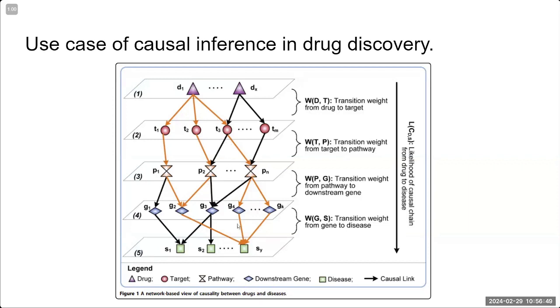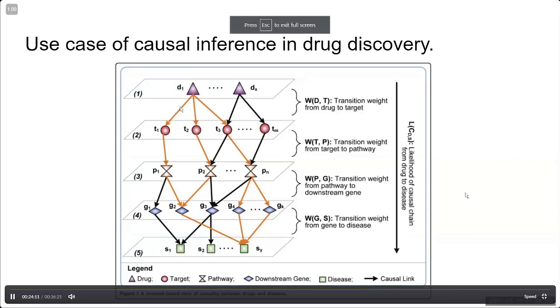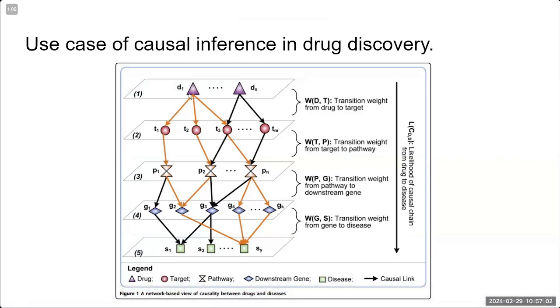So with this causal network, for example, we know the behavior of some of the drugs. The yellow lines indicate that these are known from previous experience. So we know that drug 1 triggers target 1, target 2, and target 3.